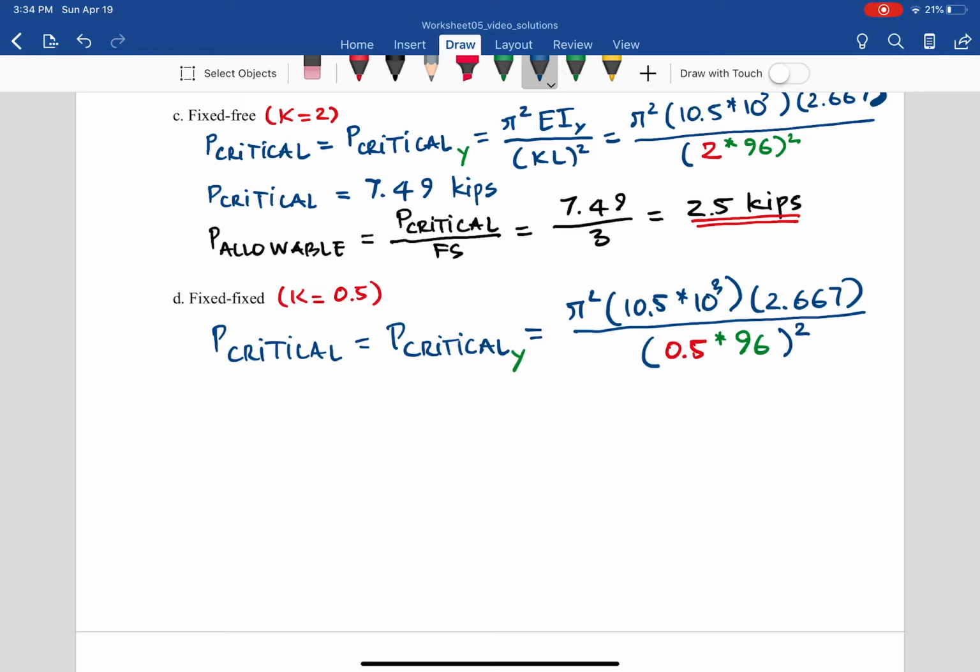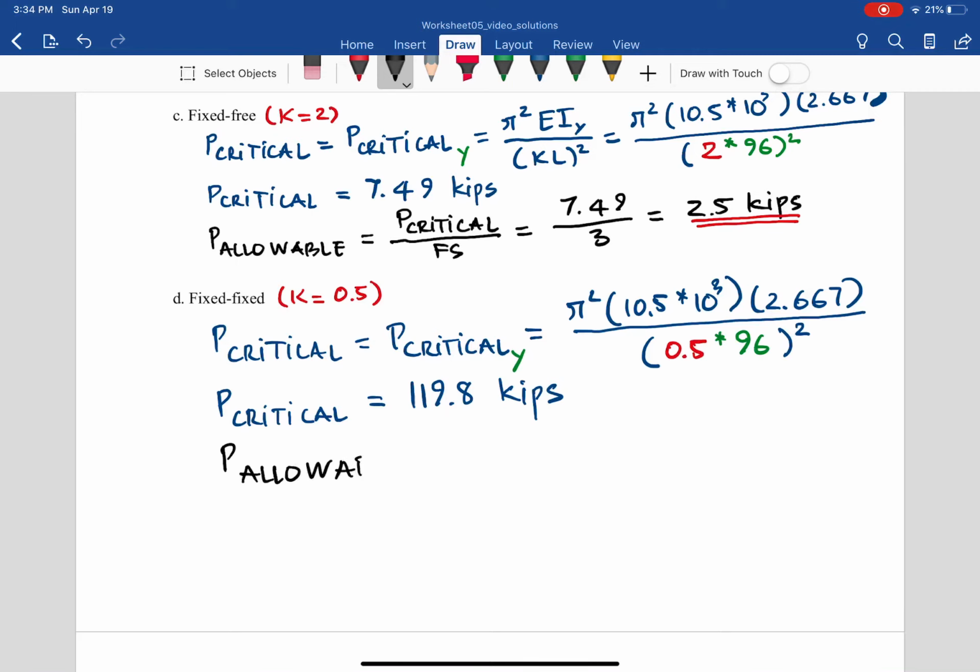With that equation we will have P critical load equal to 119.8 kips, and from that we can have the allowable P.